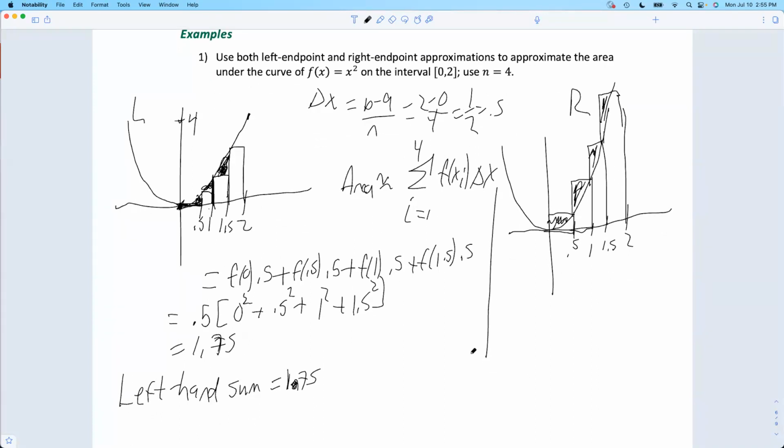Okay, so the area will be approximately equal to the sum from i equals 1 to 4 of f of x sub i, using the i-th x value in each interval, times delta x.